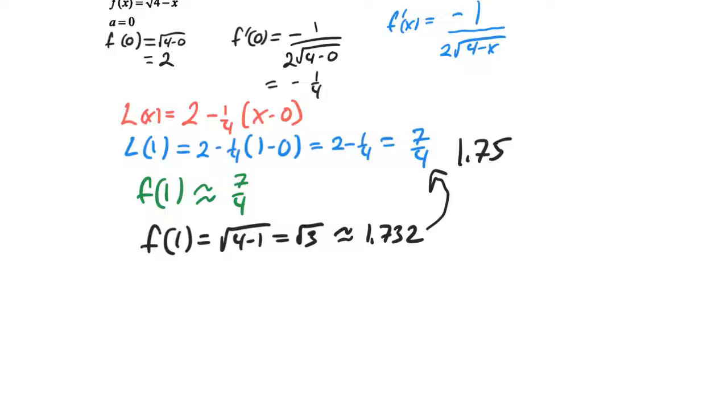So it's not bad. We're not even picking a number that's that close to where we did our approximation at. The actual function gives me 1.732. My approximation gave me 1.75. And the whole idea is it's tough to know what the square root of 3 is, but I can do a tangent line and do that math in my head and get an answer that is very, very close to the true answer. So that's the purpose of linear approximations.